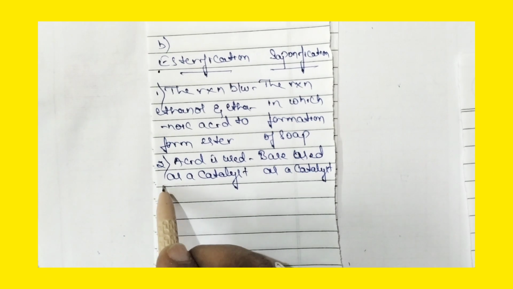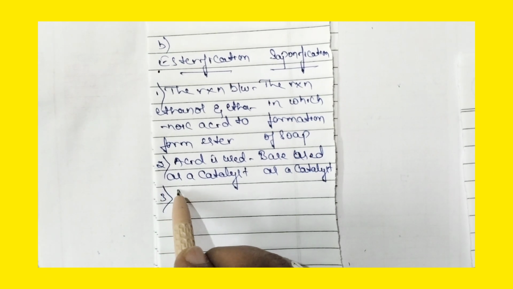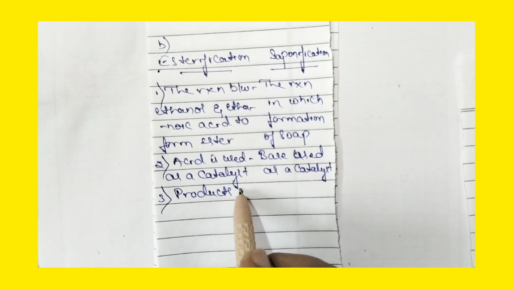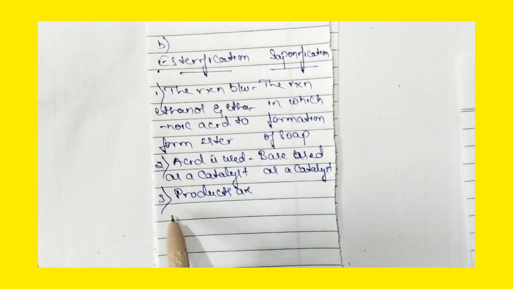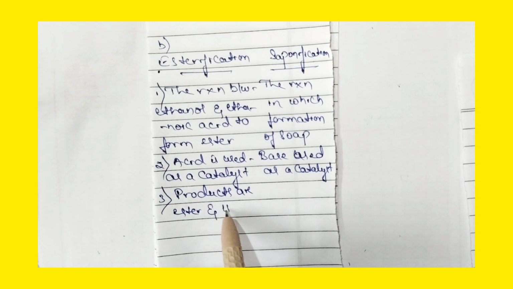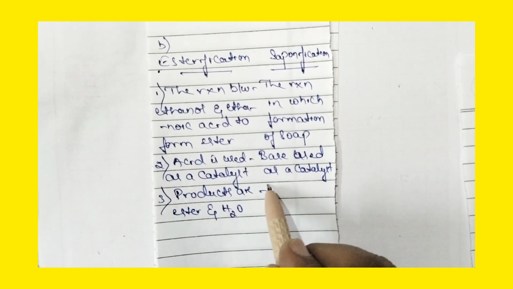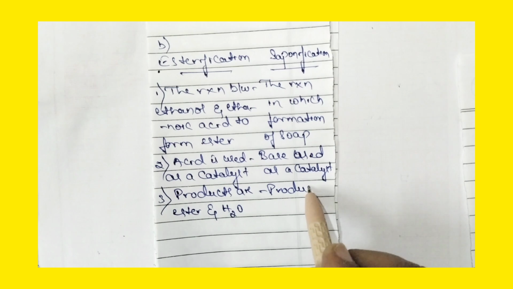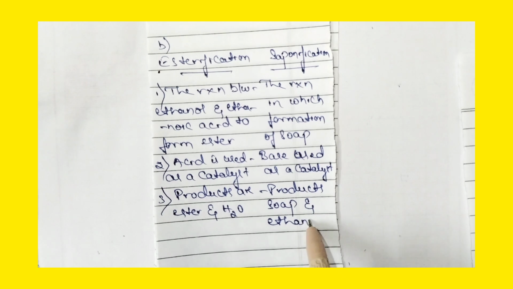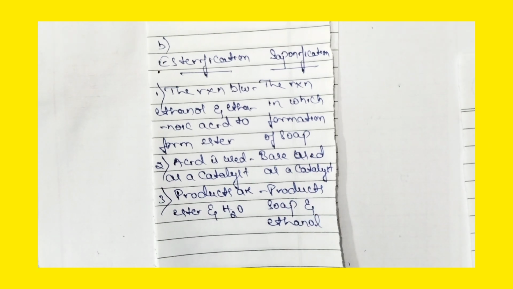Then the third difference is the products are ester and water. Here the products are soap and ethanol. So these are the differences between esterification and saponification.